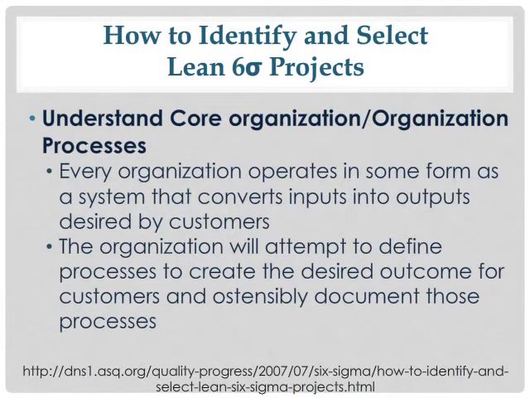When you understand the core organization and its processes, it's much easier to identify and select a good project for Lean Six Sigma or for just program or project evaluation in general.